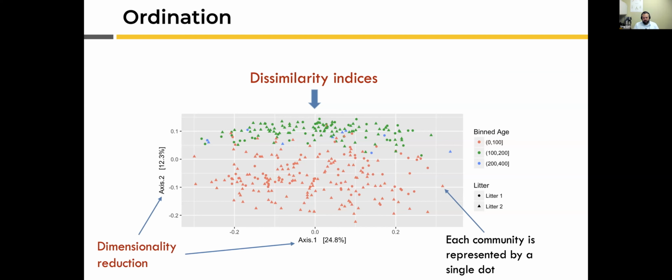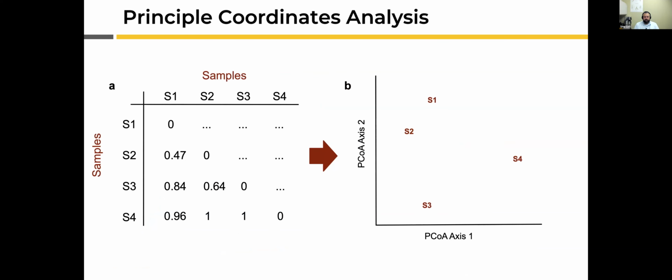Depending on the method, it will often give you some measure of how much of the variance in the data is captured by each of those dimensions. Principal coordinates analysis is one of the more common methods for ordinating dissimilarity or beta diversity data.